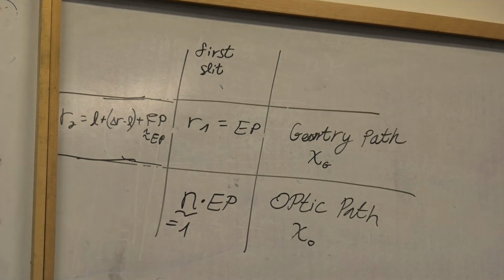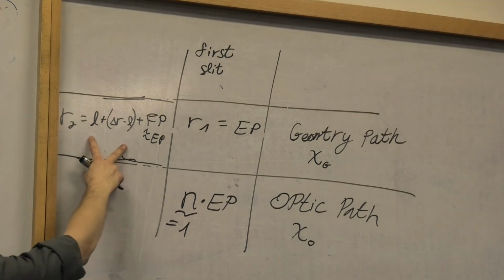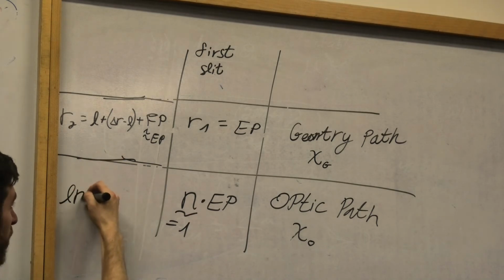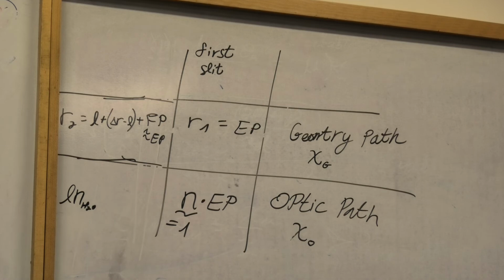But here it's more complicated: L multiplied by N of H2O, of water. You see it? So this increases our path.